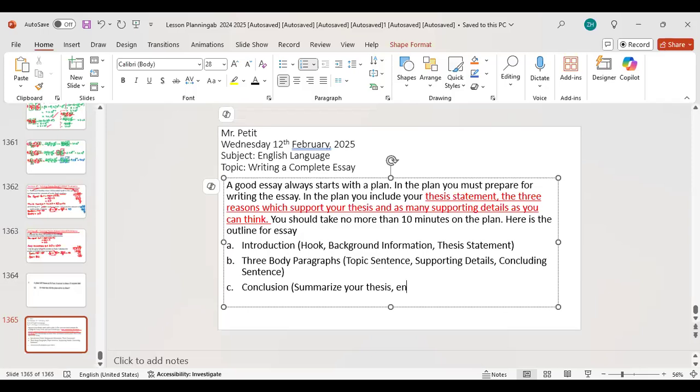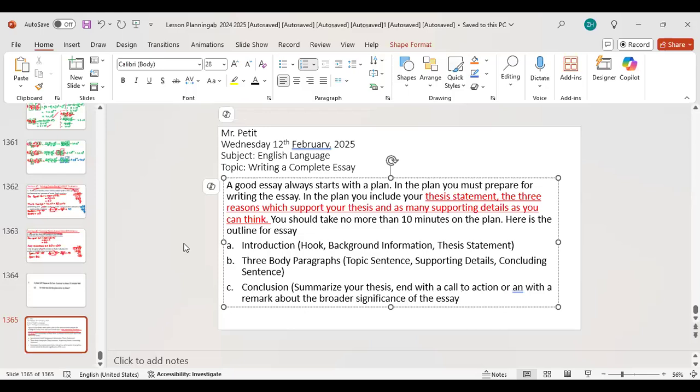You're going to end with a call to action or an extension, or with a remark about the broader significance of the essay.